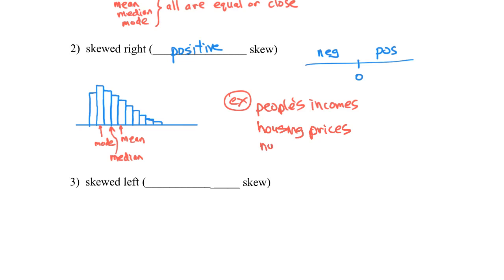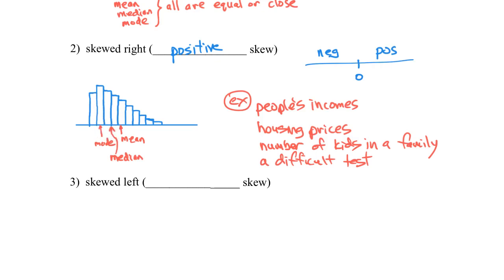Number of kids in a family. This would have a right skew, and maybe scores on a difficult test. Think if you take a difficult test, there's going to be a few people over here that get like 95%. On a difficult test, the bulk of all the scores are over here in this area.